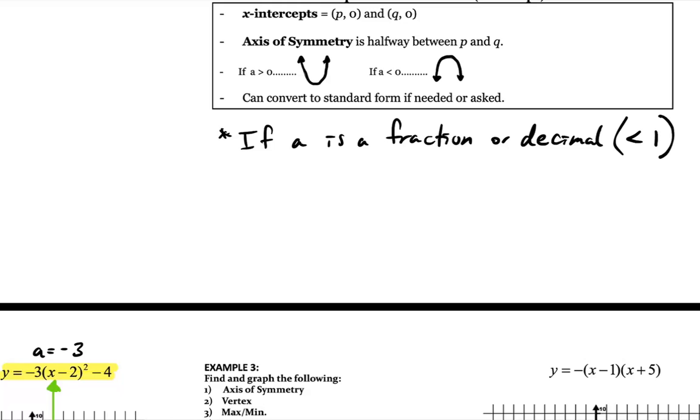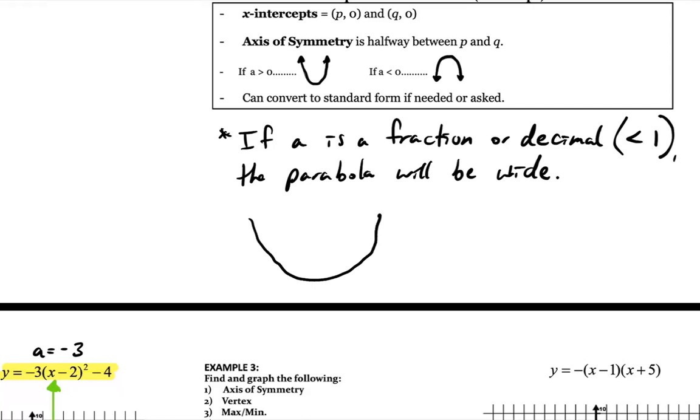Less than 1. The parabola will be wide, or fat, or whatever you want to call it. So it's either going to look like that, or it's going to look like that.